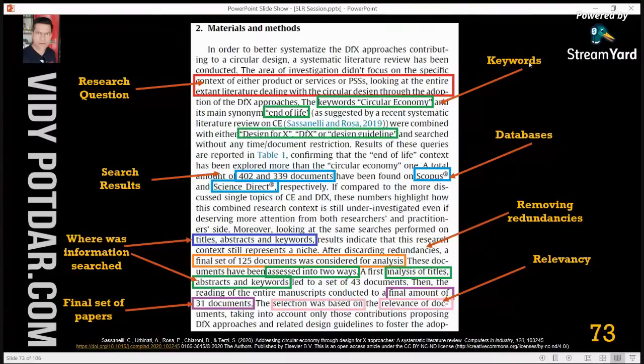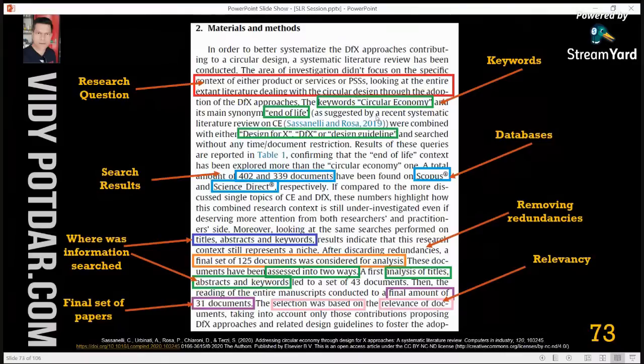Now they are mentioning the keywords, circular economy and its main synonym, end of life, is used. And you can see here a very nice way that they have mentioned, as suggested by a recent systematic review on this topic. So looking at existing reviews also gives you ideas for keywords or the synonyms of the keywords that you can use.